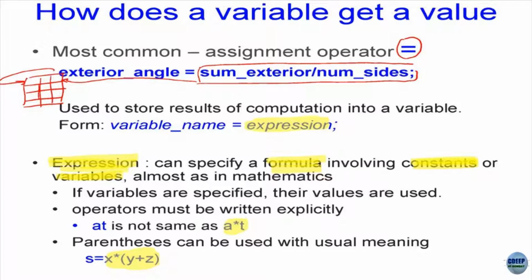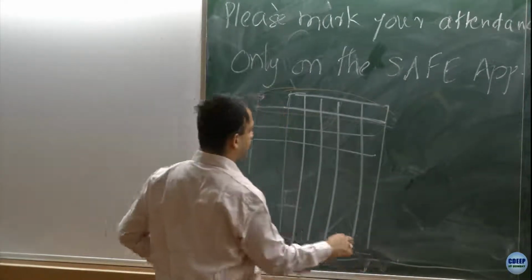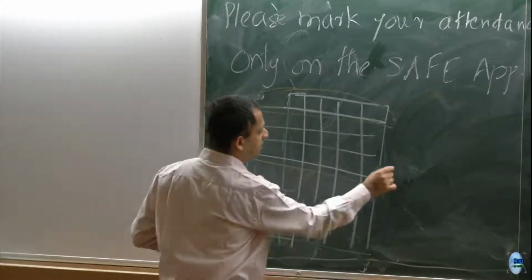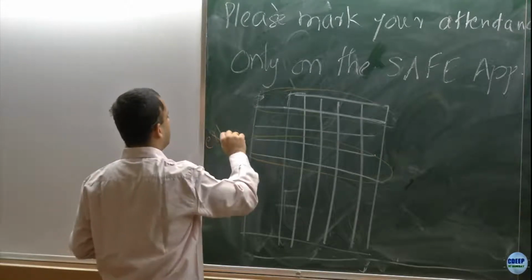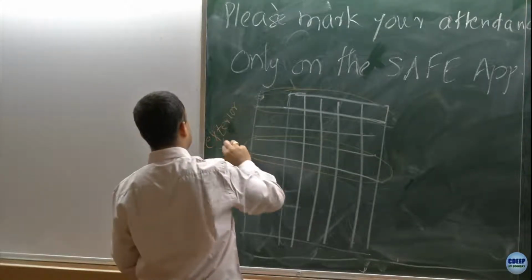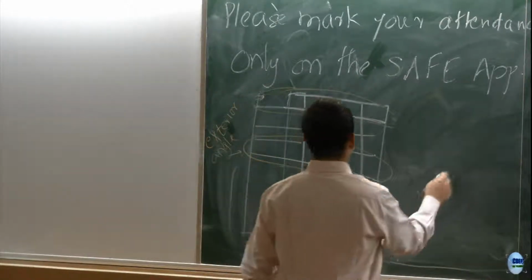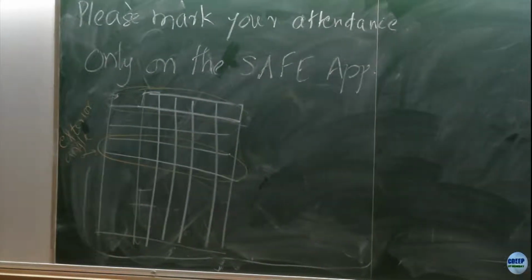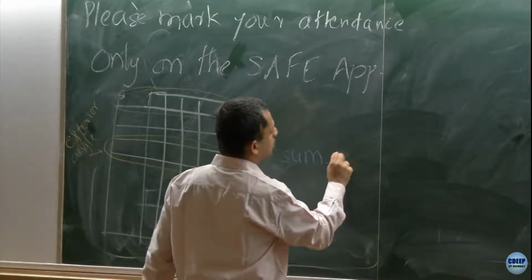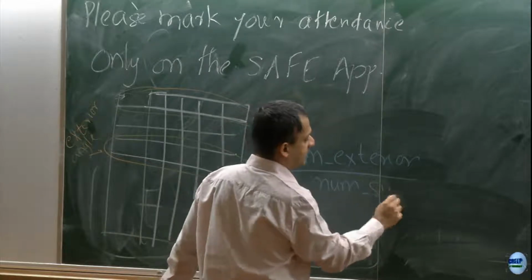I'll again illustrate that on the board. Let's say this was a memory location for exterior angle, a long name, exterior_angle, and the assignment says to compute the following value: sum_exterior divided by num_sides.